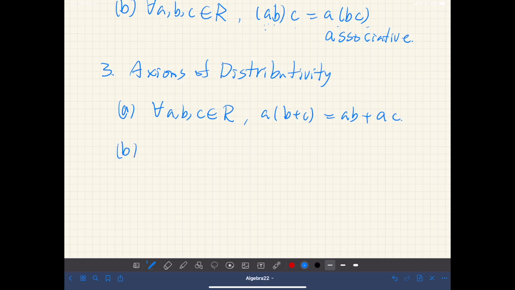And similarly, for all a, b, c in R, (a plus b), so add them first, then multiply by c from the right, is equal to ac plus bc. So these are distributive laws.